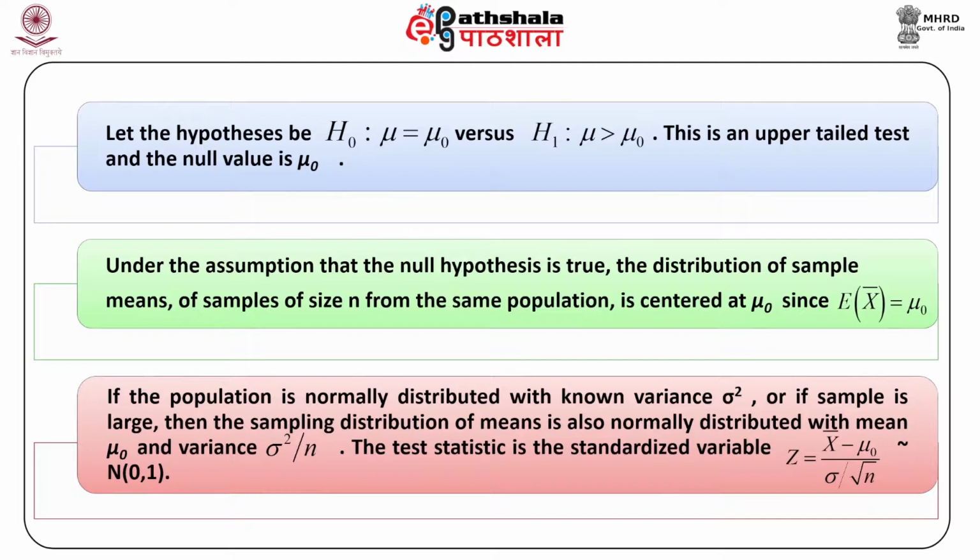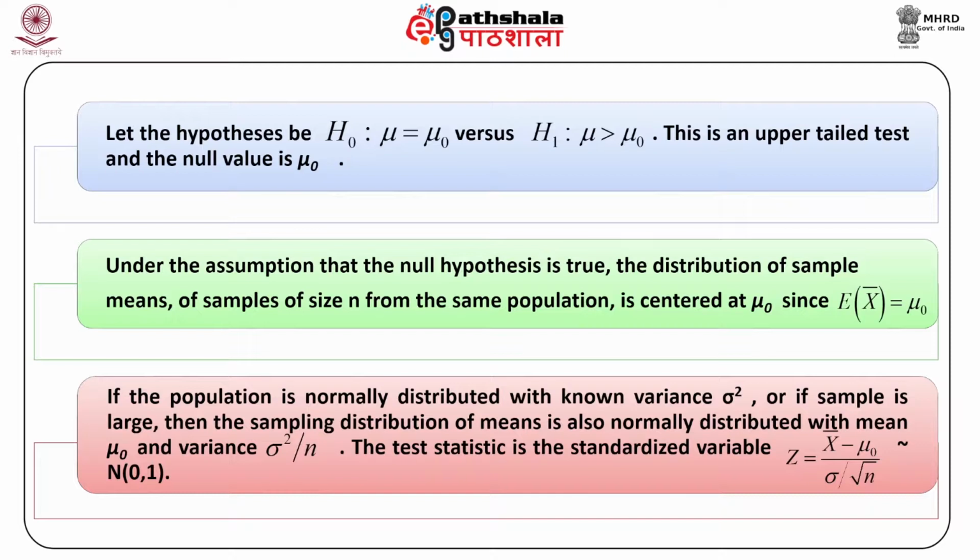So if the population is normally distributed with known variance sigma square, or if the sample is large, then the sampling distribution of means is also normally distributed with mean mu 0 and variance sigma square by n.